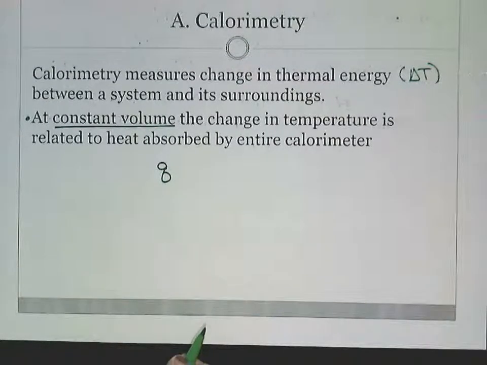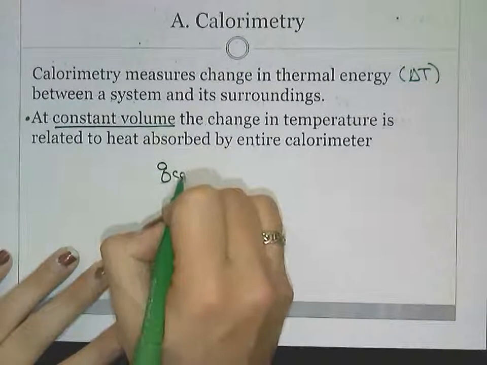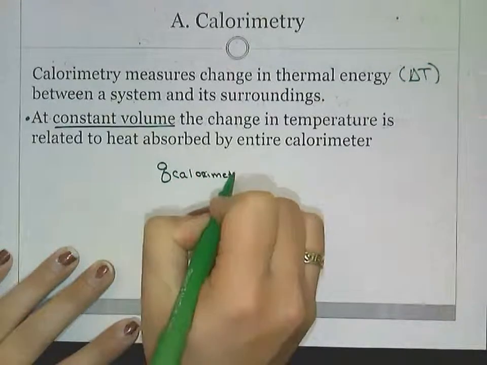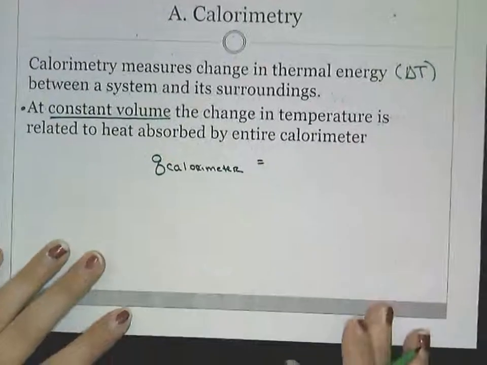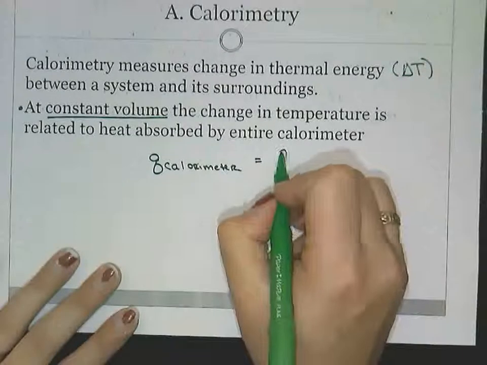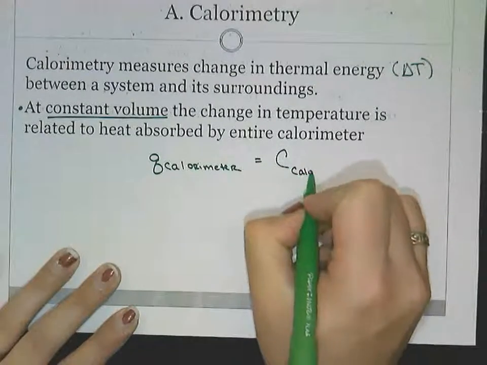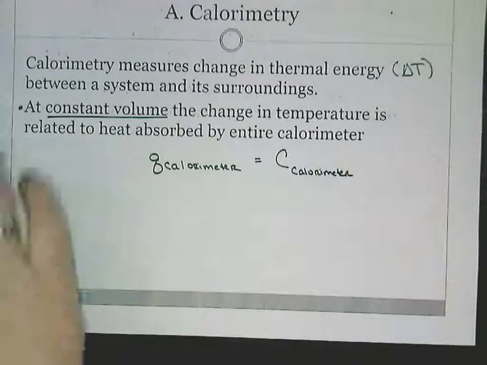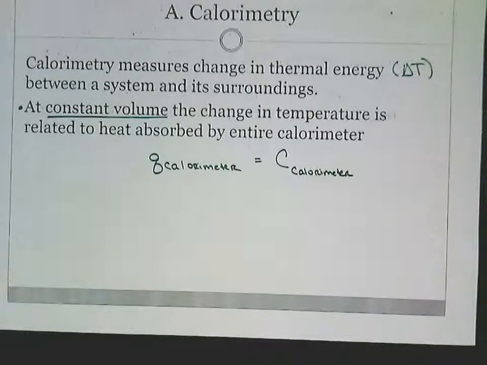So we're going to set it up that the Q of the calorimeter, the heat of the calorimetry experiment, is equal to which guy is this, big C without the little s? All right, there are 2 types.